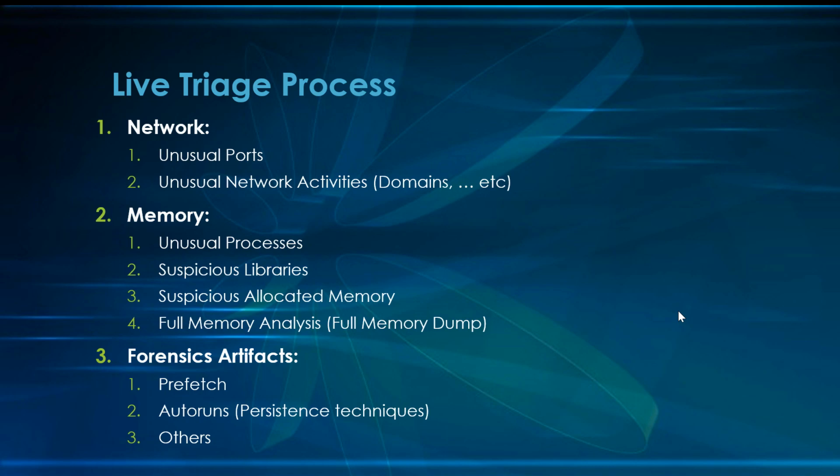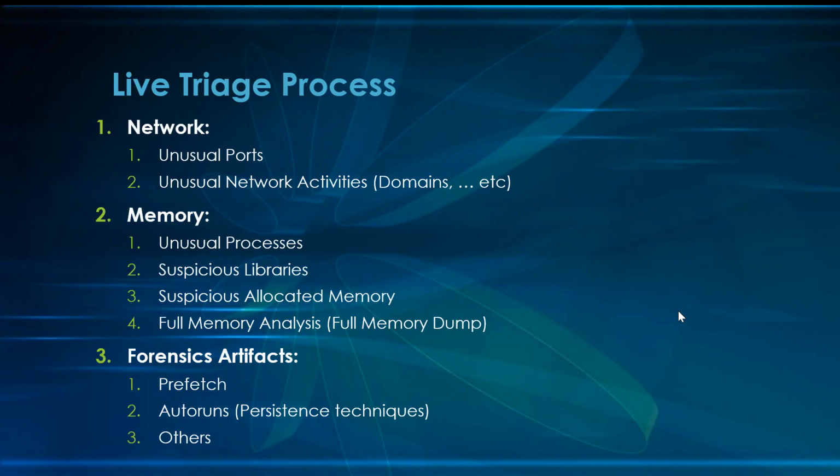We can also look, maybe the malware didn't load another library inside the process, but it used process injection to put some code inside another legitimate application and execute that code so it can remain inside this legitimate process.